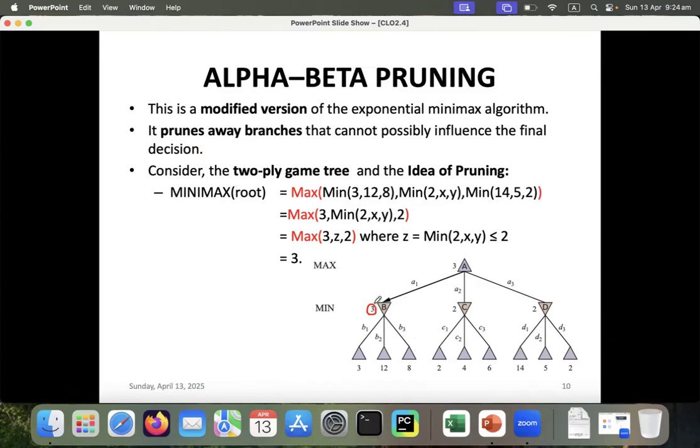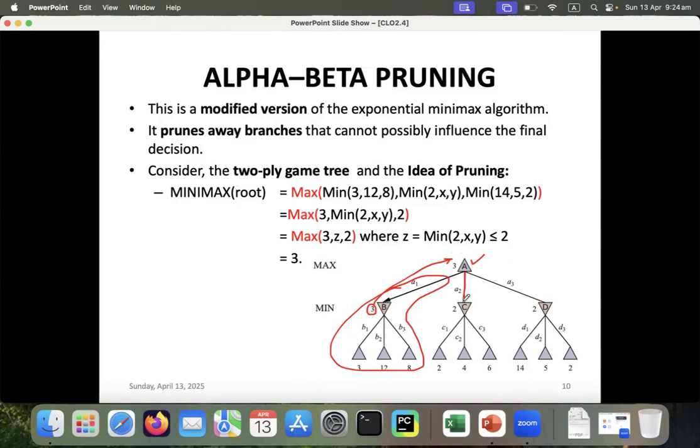So from this node, player A now knows that 3 is the maximum value which I am getting from this branch. Max player knows that he is going to get this 3 value after executing this branch of the tree. And now the algorithm is executing this branch.